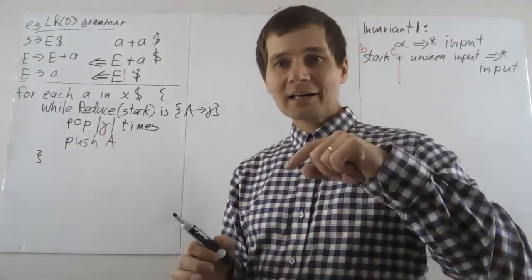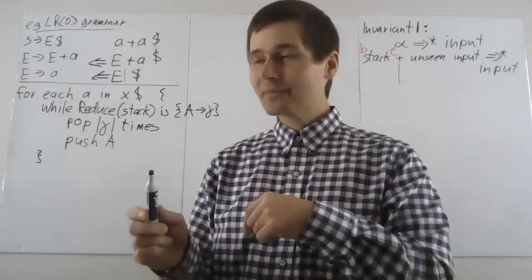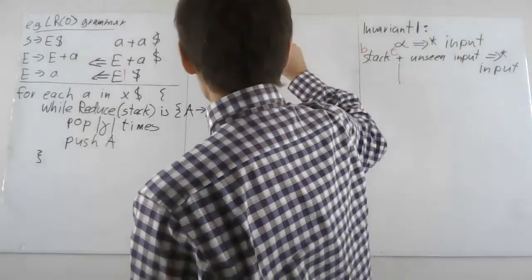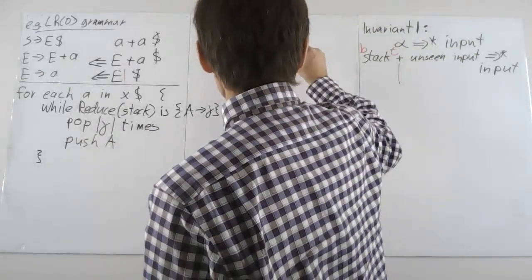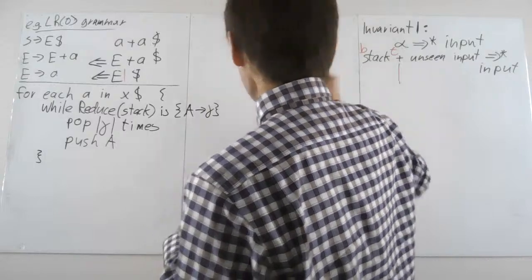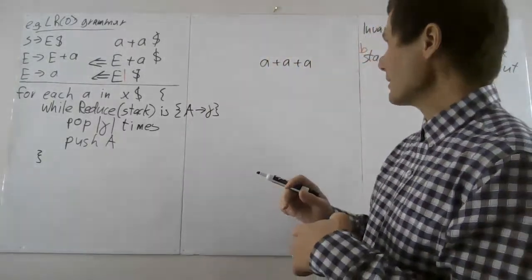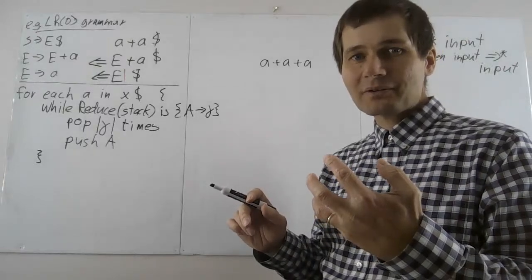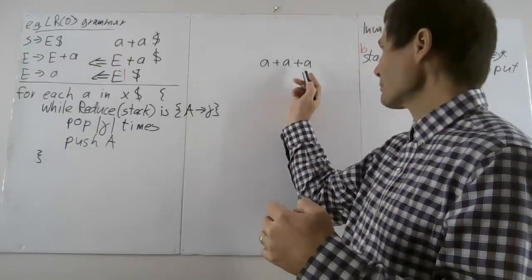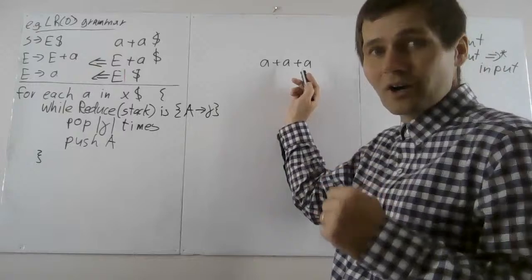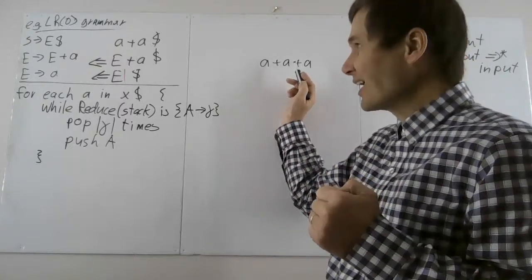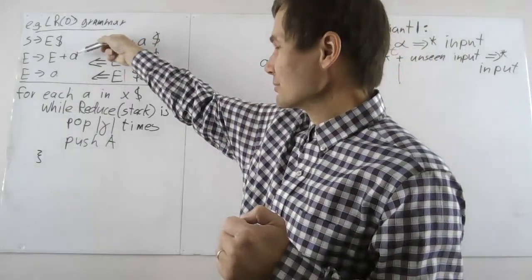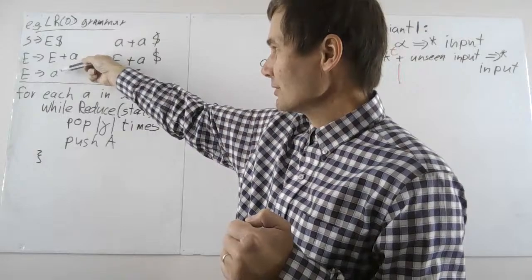And I can take us back to the example I had of a plus a plus a, right? And the idea there is, the number of times that we want a plus is 2 for this example. So we want to use this rule twice, but this rule once.